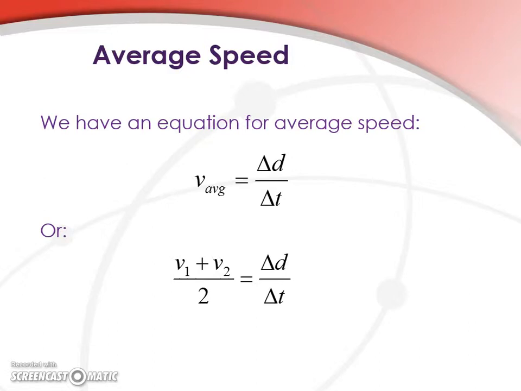That's equal to our change in distance over change in time. Very straightforward. One of the fundamentals of what we're doing here. Now remember that this does imply constant acceleration, so we don't have a changing acceleration in this kind of a problem.